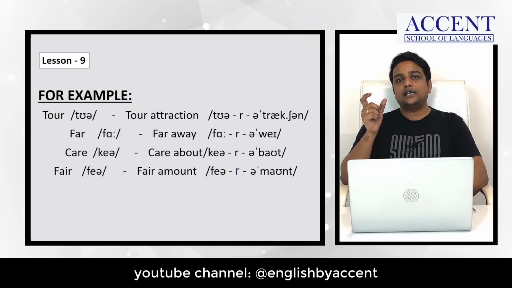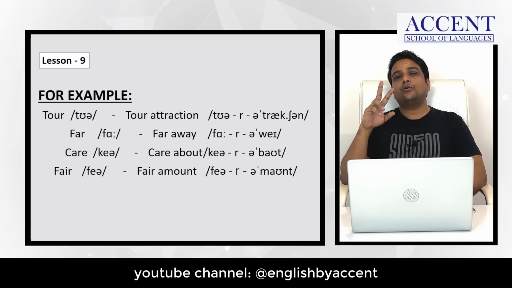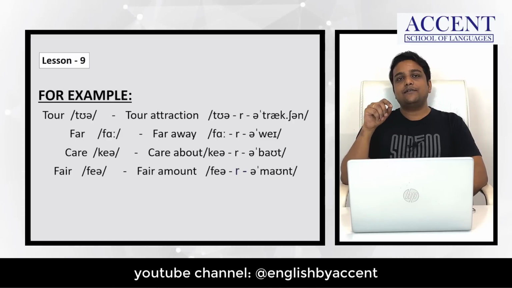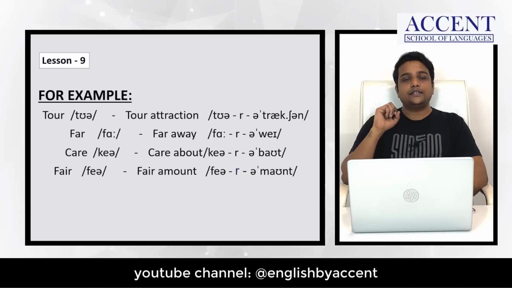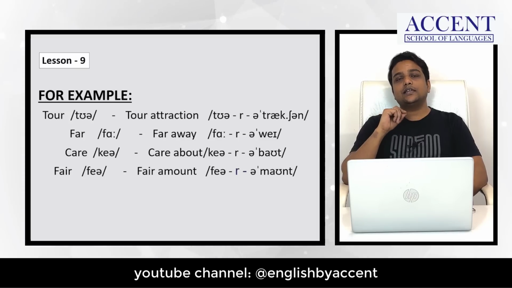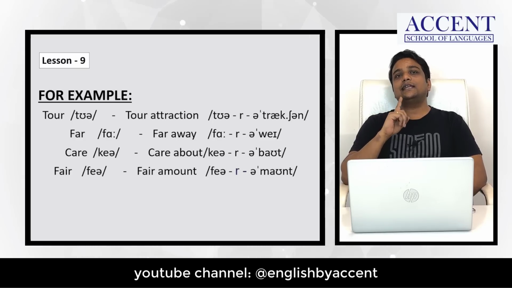Similarly, the word far has R letter by the end. But after far, if there is any word having the vowel initial sound, we do not call it far away, because away has a vowel initial sound. So R would be added and we have to call it far rraway. The next example is care. In care, we find R sound by the end, not the character, because by the end we find E letter, but the sound is care.